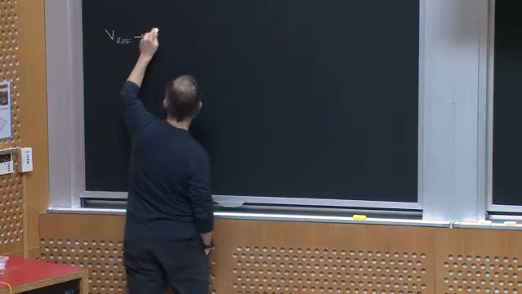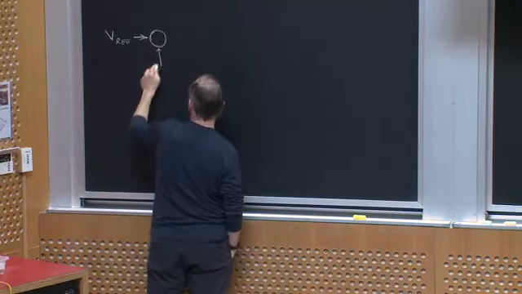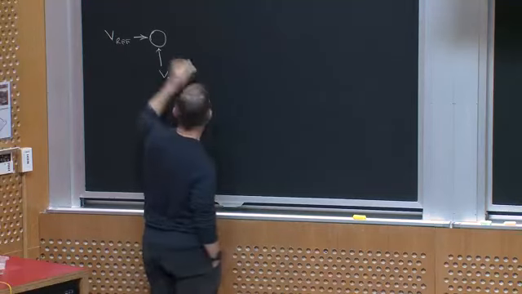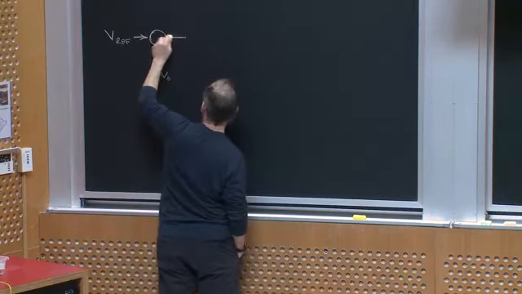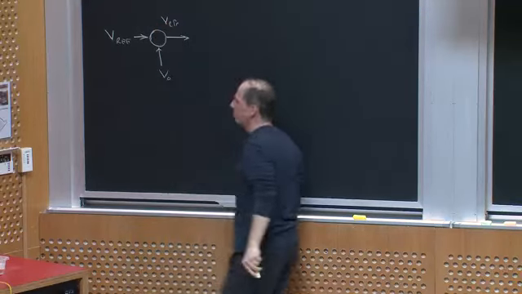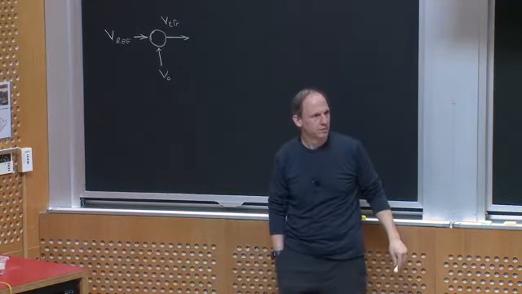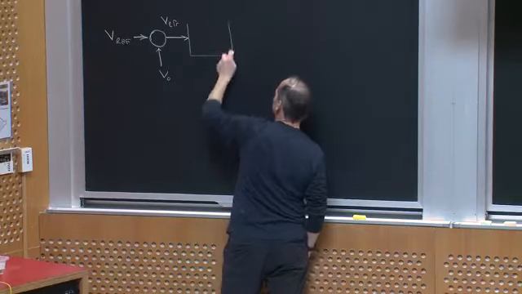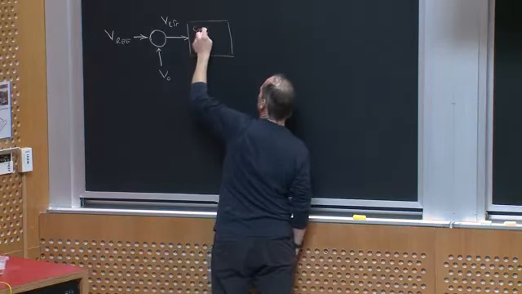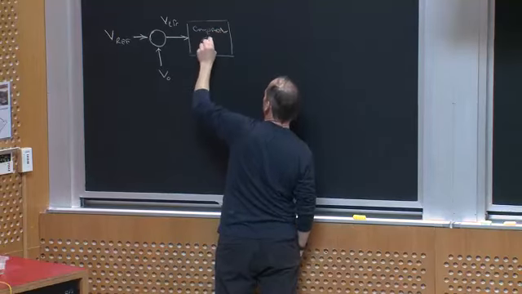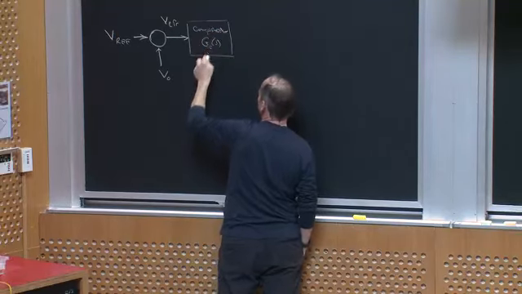I'm going to compare that voltage reference to the output voltage, Vout, and generate an error between those two. I'll take that error and feed it into a high gain compensator. Maybe I could represent that with a transfer function, Gc(s).